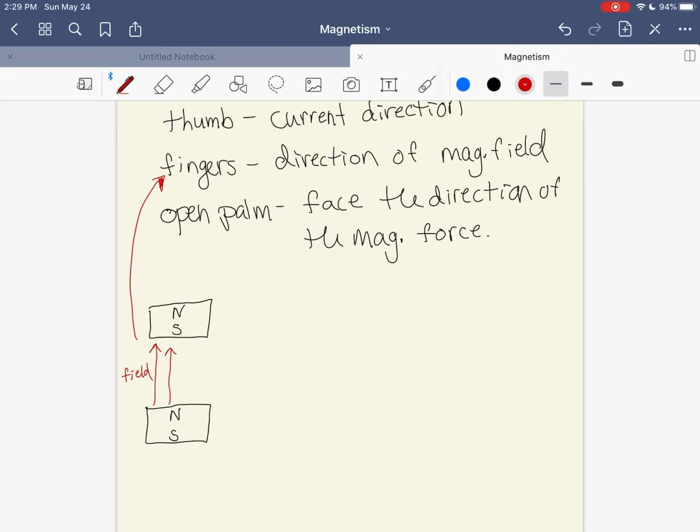Now, if we put a wire in here, and the current on the wire is going to the right, that means my thumb is going to have to point to the right, which means my hand is going to look a little like this.